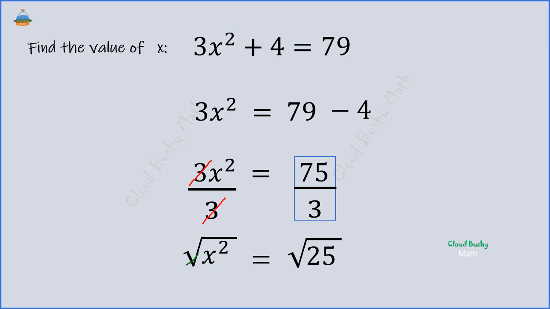The square root goes with the square on the left-hand side. We remain with x on the left-hand side. On the right-hand side, we have plus or minus the square root of 25. The square root of 25 is 5. That means x is equal to plus or minus 5.